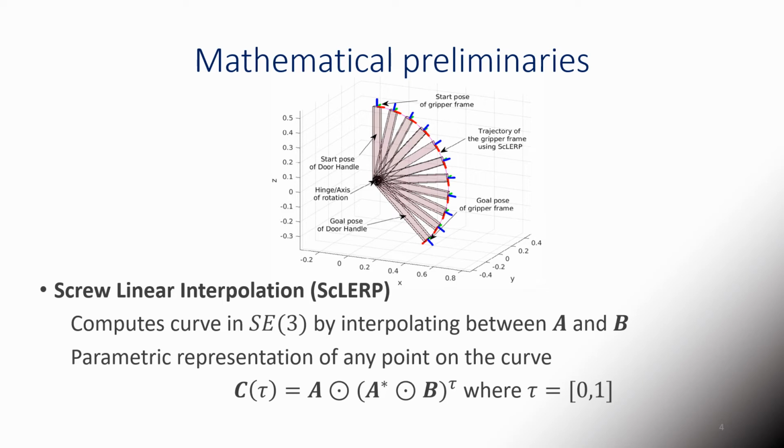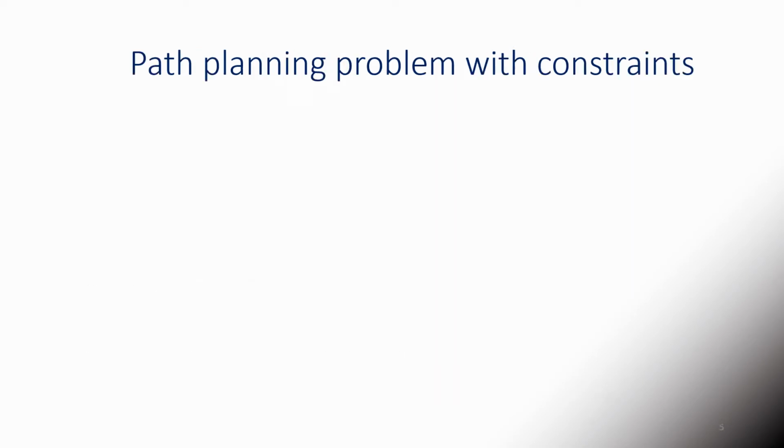When tau is equal to 0, C tau equals A, and C tau equals B when tau is equal to 1. In the figure above, we have shown the frames on the end effector path computed for a door handle rotating task using screw linear interpolation based task space interpolation.